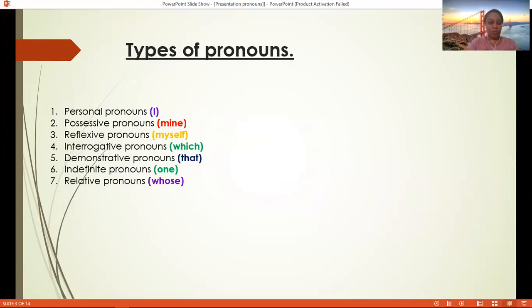Number four, interrogative pronouns. Which, what. Those are interrogative pronouns. Most probably, they are asking questions. Then we have number five, demonstrative pronouns. For example, that.